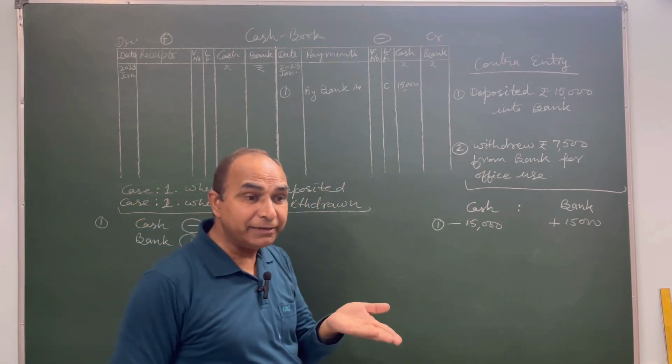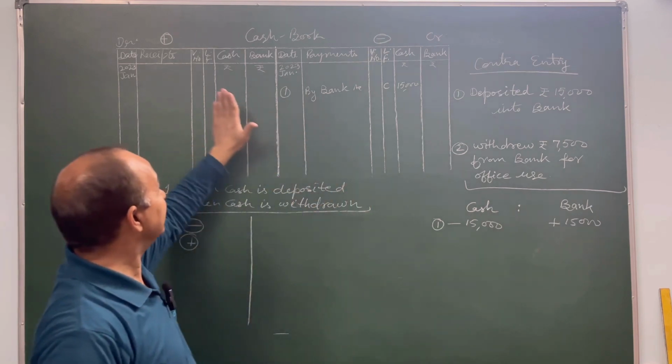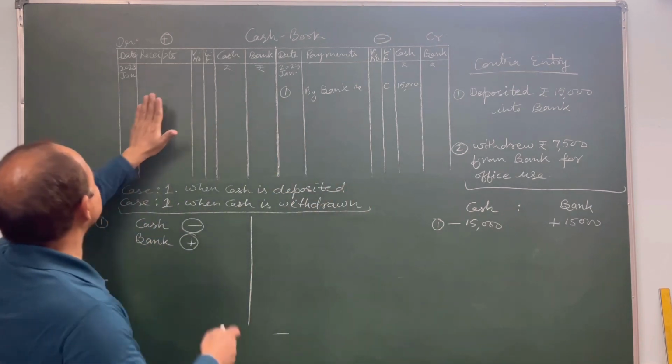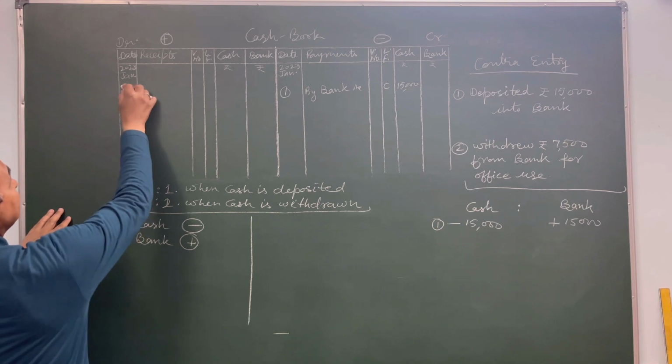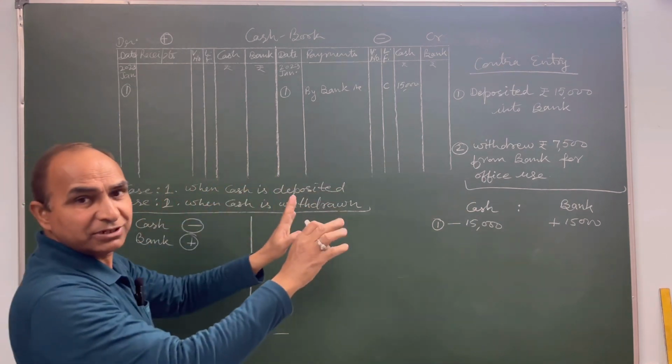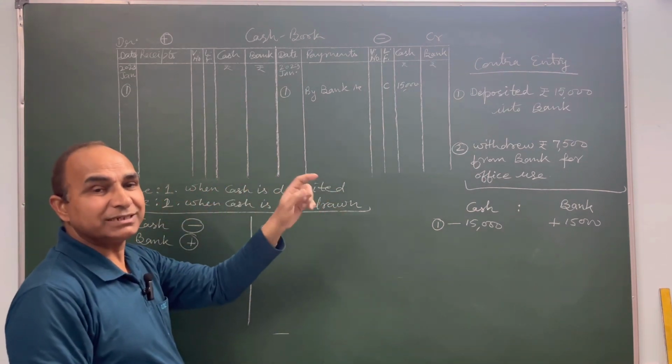At the same time, bank balance increases, and this is the increasing side, the plus side. We will write here first transaction, because dates are not given, only two transactions, first and second.